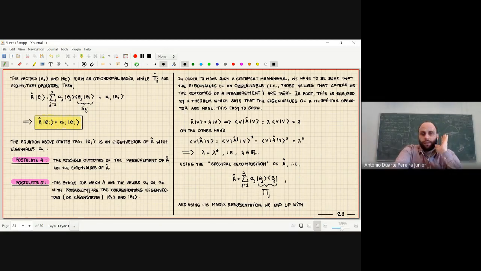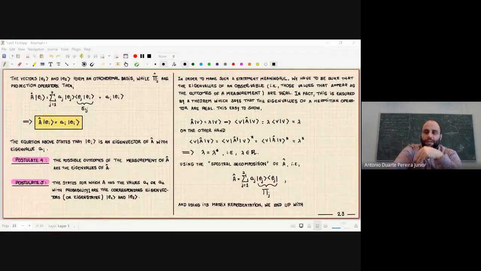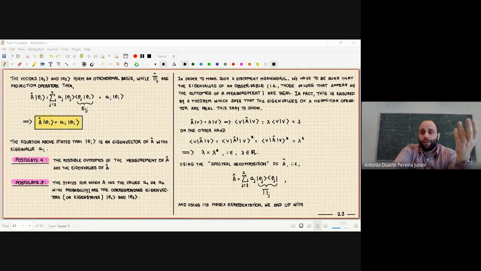This explains a lot. For instance, we have seen that in quantum mechanics we can have binary measurements, so you can have either yes or no as the outcome of your measurement. But you can also have a discrete set of values for your observable.